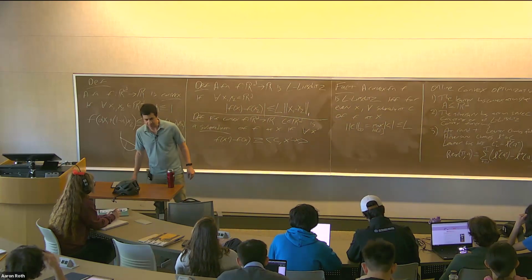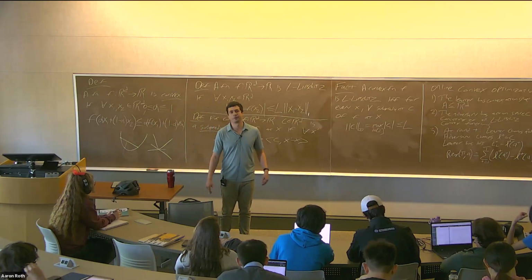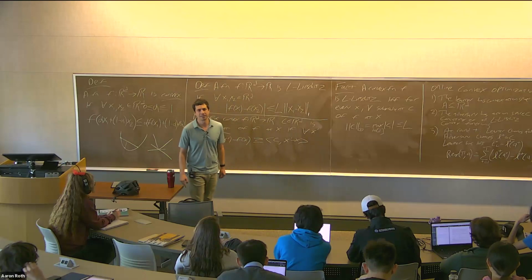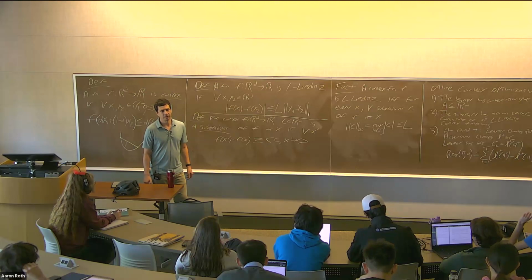It's definitely important that the action space is convex. If we go back to the analyses of any of our algorithms, gradient descent, multiplicative weights, follow the perturbed leader, convexity is going to be important.